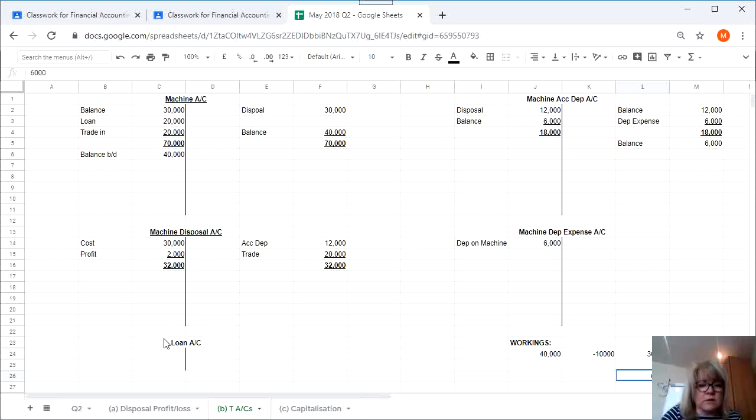Now the loan account you're not asked for, but just if you want to see it, we have financed this new machine here in the debit of the cost account, 20,000, so that would show as a liability. 20,000 there would be a non-current liability. You weren't asked for that little piece.